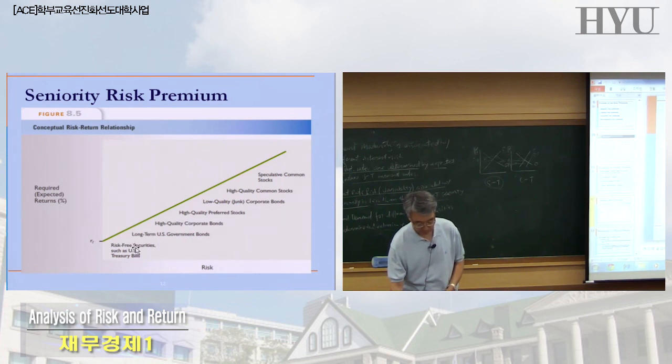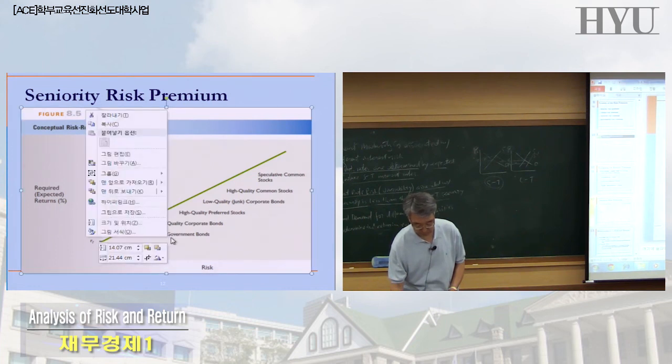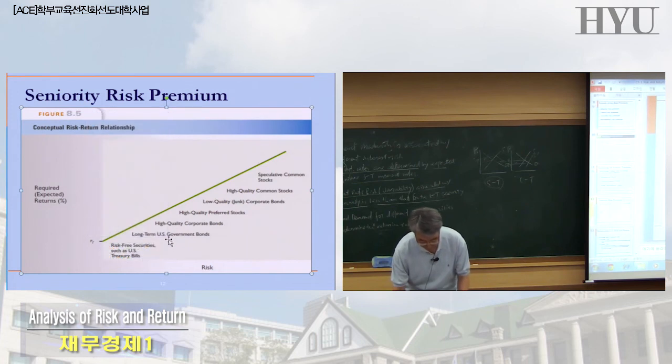If you think about U.S. Treasury bills, which are a very short-term U.S. government security, then risk is very low. But at the same time, return is very low. But if you move along the ladder here, the U.S. long-term treasury bond and high-quality corporate bond, high-quality preferred stock.